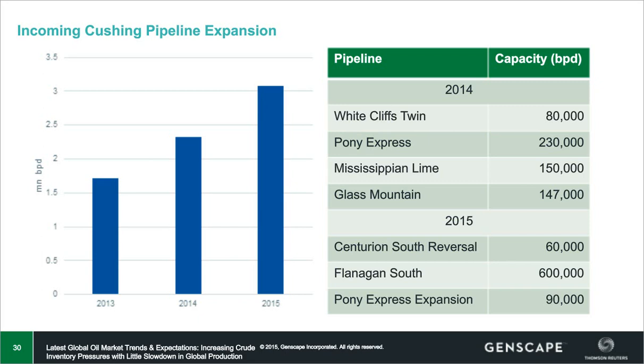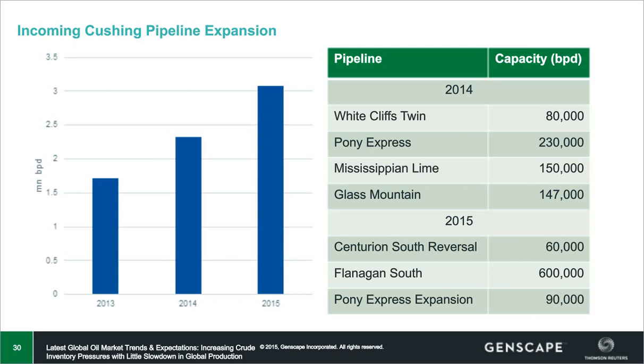Pony Express, of course, came online, enabling crude to come from the Rockies and from the Bakken by pipeline directly into Cushing, much more efficient than the rail economics. It very quickly ramped up above its original nameplate capacity of 230,000 barrels a day. They're now running easily, and can push 320,000 barrels a day.